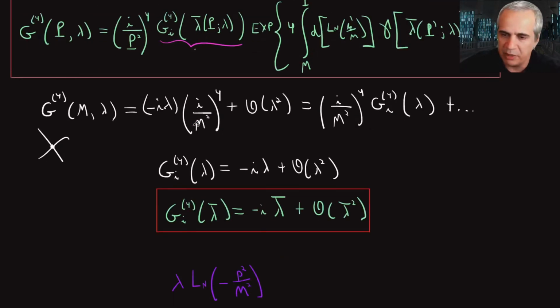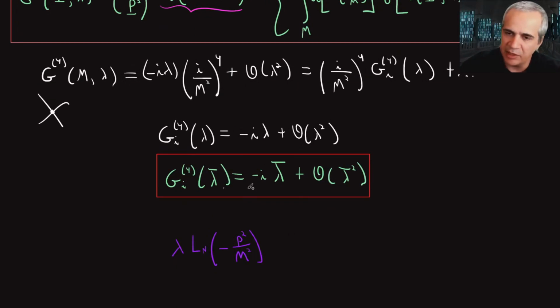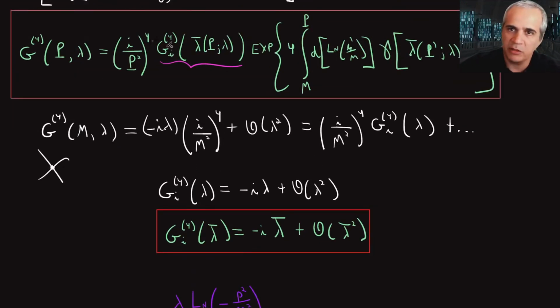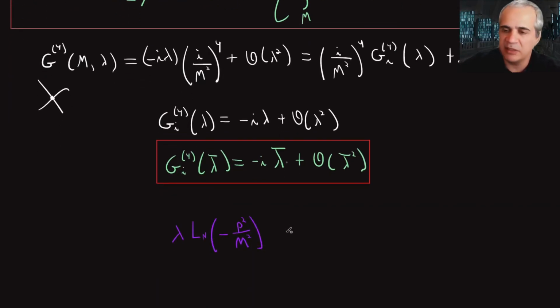This is more explicit than anywhere else in the 4-point function right here, because my G4 will be proportional to 4 propagators times the z's that are coming from here, and the coupling. But now the coupling is not lambda, it is lambda bar, which is one of the things that we wanted.